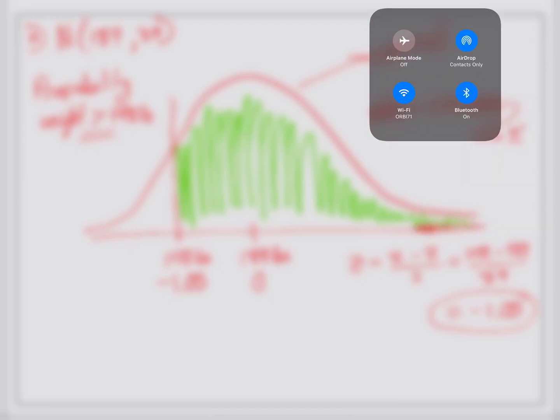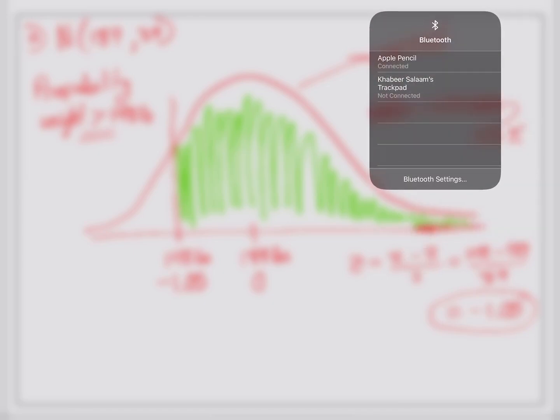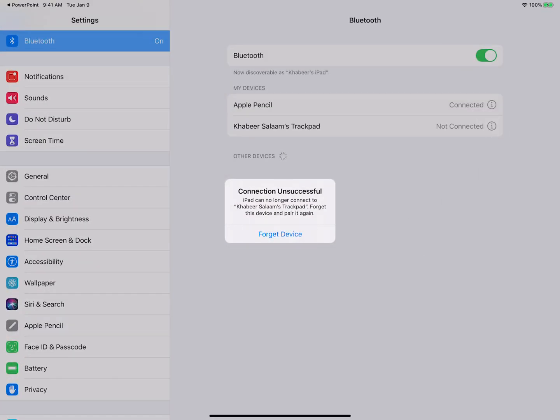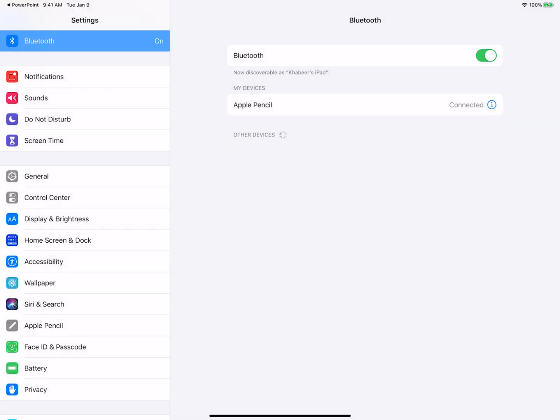Give me 1 second. Technical difficulty. So I want you all to be able to see exactly how I found that probability.